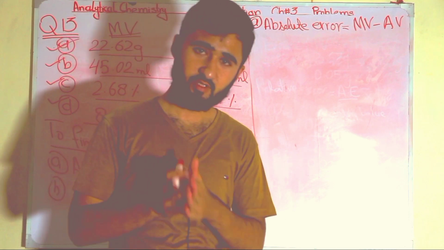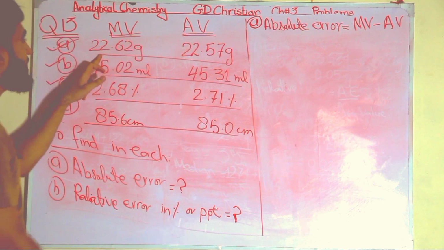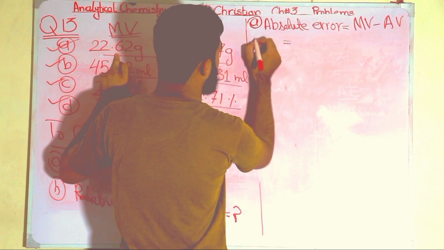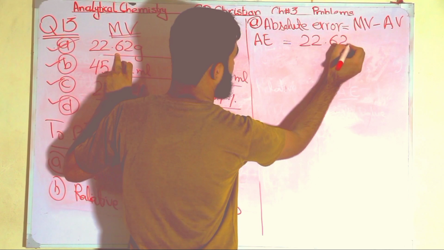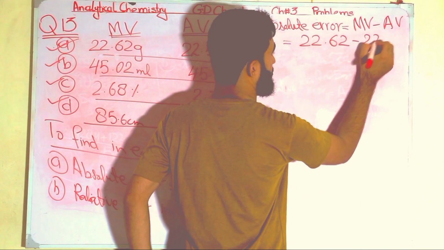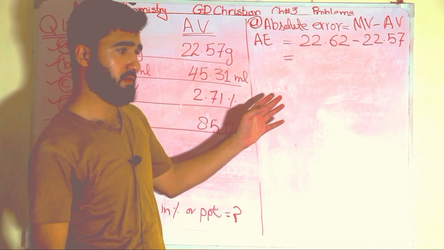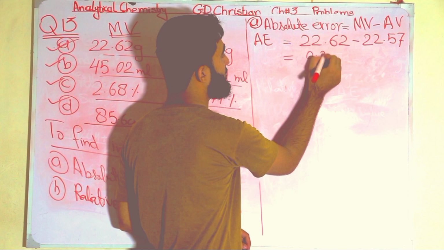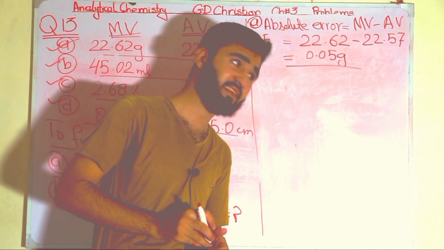So we have to put the measured value and accepted value from part A. Measured value is equal to 22.62. Accepted value is equal to 22.57 gram. By solving this, we obtain the absolute error, which is equal to 0.05 gram.